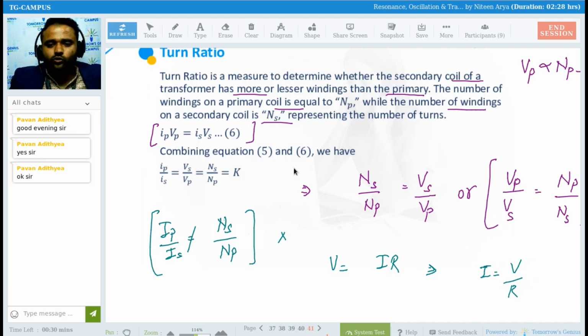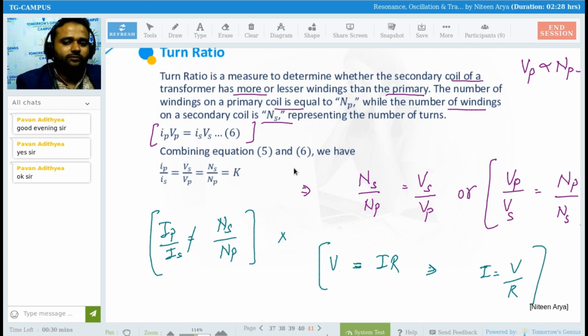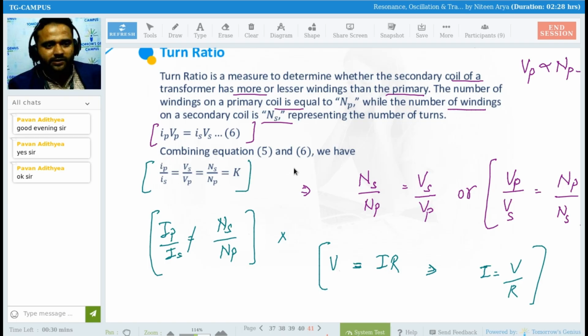Like V is IR, so if Vs by Vp is Ns by Np, then in the same case Ip upon Is is going to be Ns by Np also. Is this clear? Okay, so that is the scenario. You just need to use this. Either current is given, or voltage is given, or the relation between current and voltage for primary to secondary, you need to use this to find the turns. So this is your important turn ratio again.